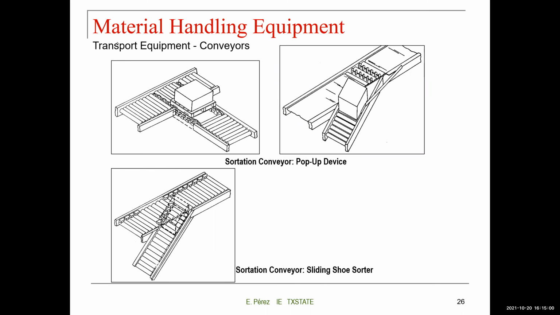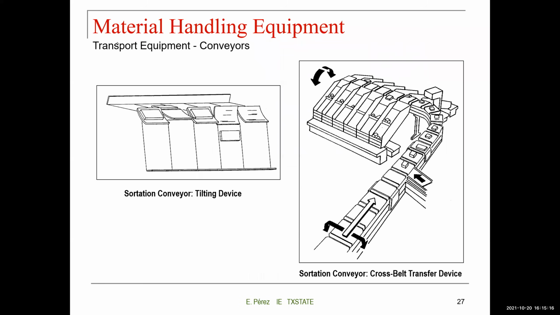More examples, different types of movement. Again, the same idea. If you have to move in one direction, you have that flexibility. So even though you have a fixed path, you have the flexibility of choosing paths within the conveyor. Timing belt and cross belt transfer device.